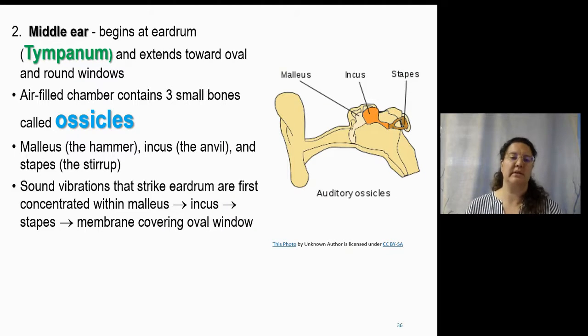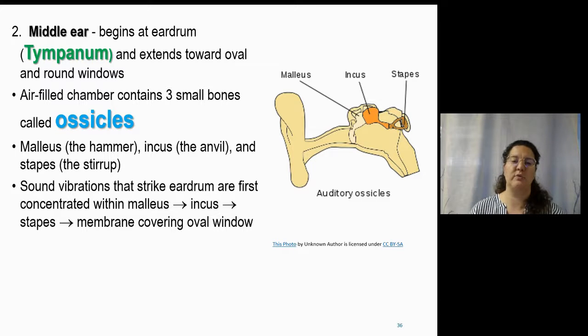The middle ear begins at the eardrum, the tympanum or tympanic membrane, and it extends towards the oval and round windows. Past the tympanic membrane is an air filled chamber that contains three small bones known as ossicles: the malleus, the incus, and the stapes. The sound vibrations that strike the eardrum are concentrated within the malleus, incus, and stapes, which means they're going to amplify the sound waves to continue to pass them along.